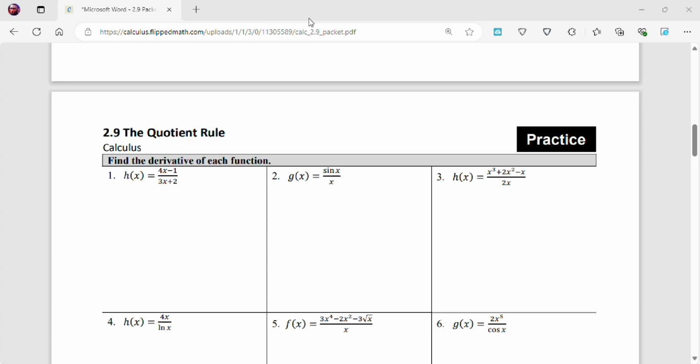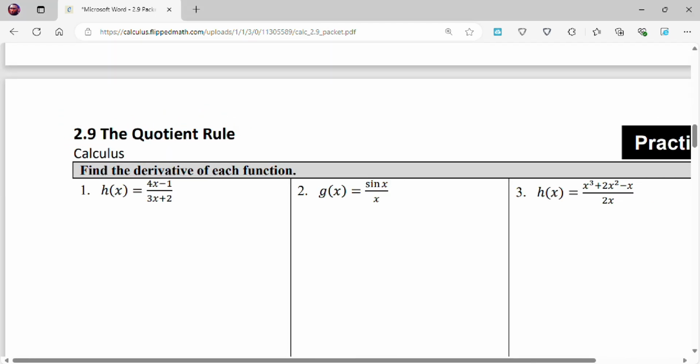Okay, so the quotient rule is similar to the product rule, but instead of finding the derivative of a product, we're going to find the derivative of a quotient. So let's remind ourselves what the derivative of a quotient is.